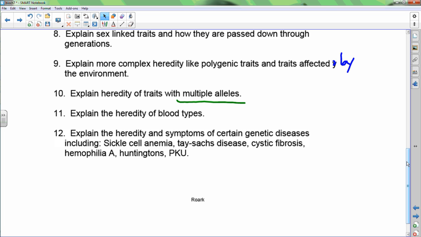All right. Number 12 says explain the heredity and symptoms of certain genetic disorders. I used to have questions on the test that would be like, name an autosomal recessive disorder. I've kind of taken those out. That's just straight memorization stuff. But we should still realize how the different types of disorders work. So how are dominant disorders handed down?